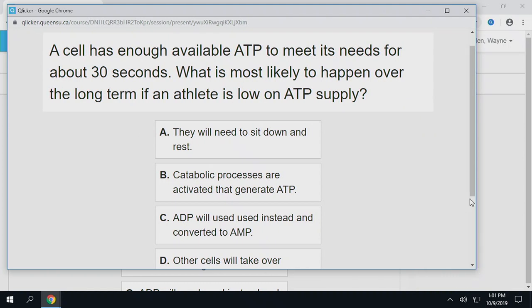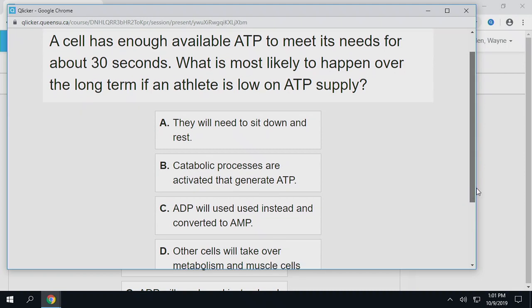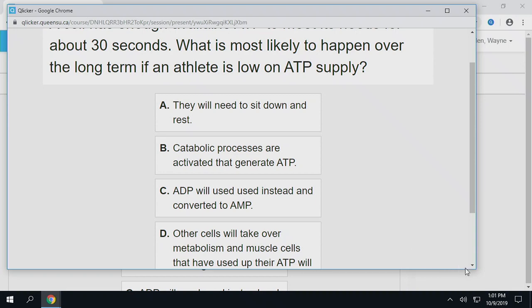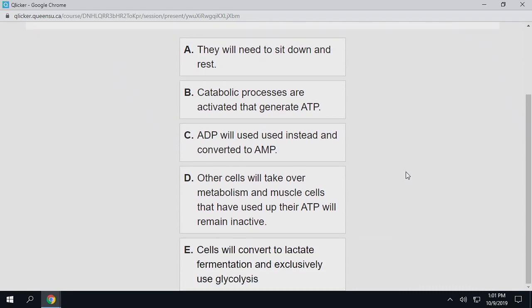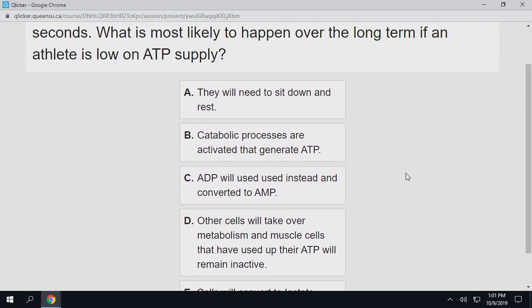This is a trickier question than you think it is. Read it carefully. This is a previous exam question. Why can't I make this bigger? Let's just do this. Okay, I can't squeeze it all in there for some reason, but you should be able to see it on your screen.